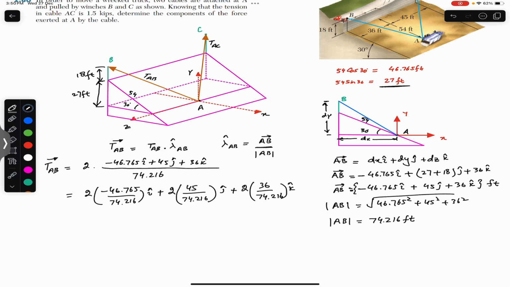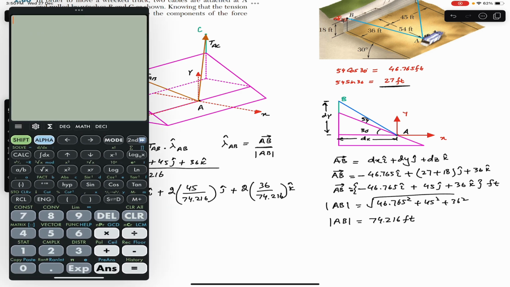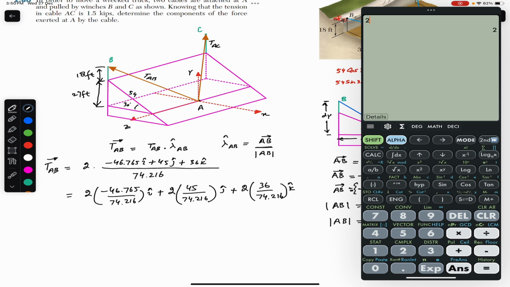Now let's find all these components. This is 2 multiplied by minus 46.765 divided by 74.216.